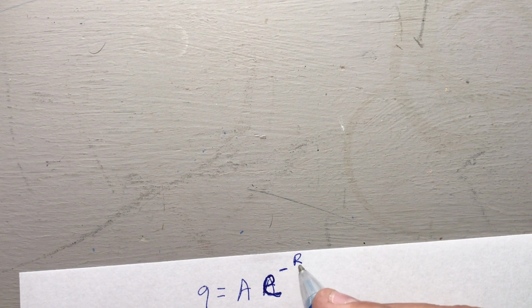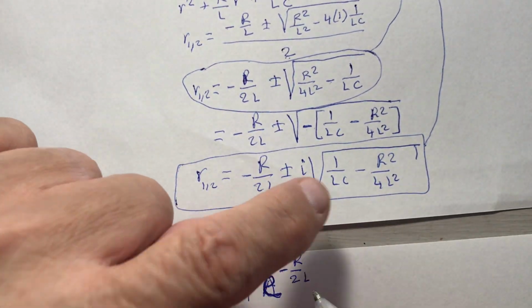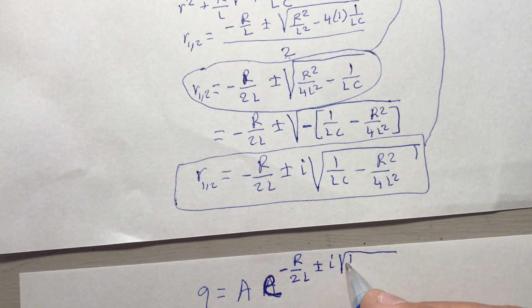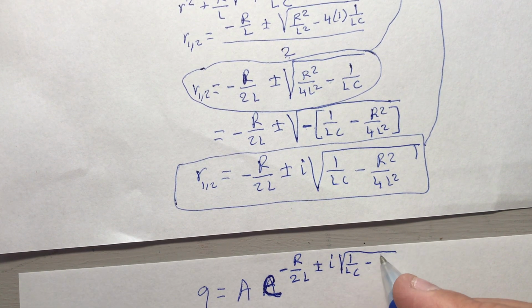q is equal to a, and then I have to make this exponential. a, and then I have minus R over 2L, I'm using this. And then I put plus or minus, and then I have i square root of 1 over LC minus R squared over 4L squared.